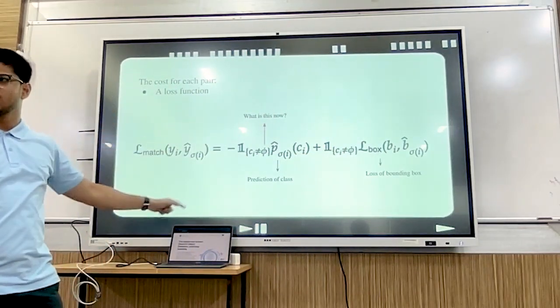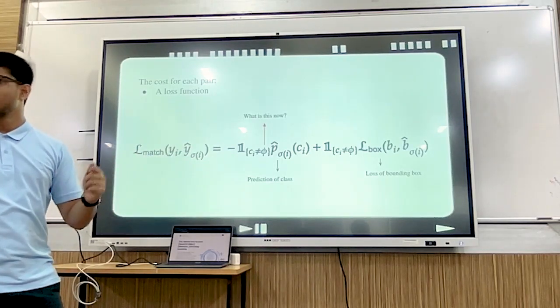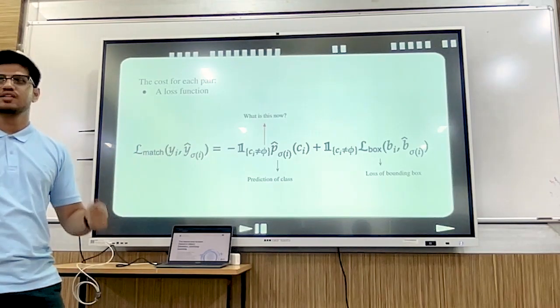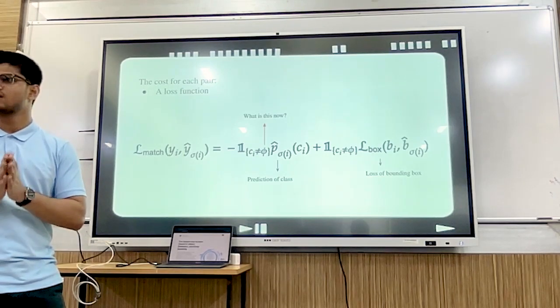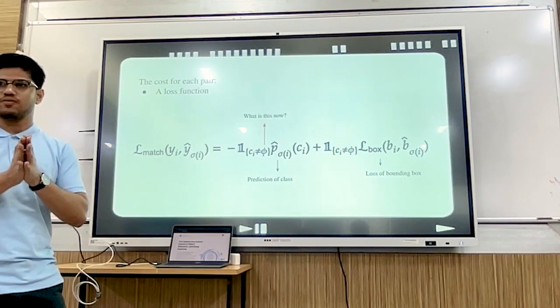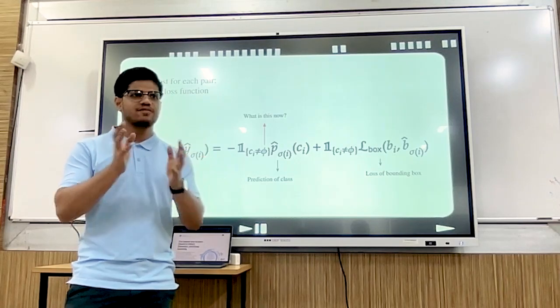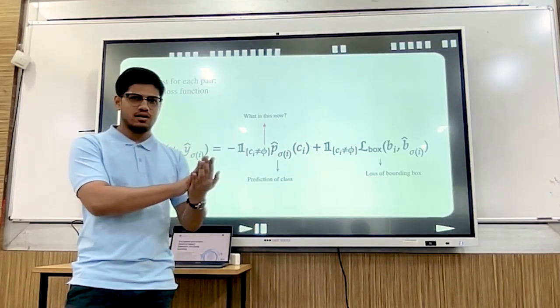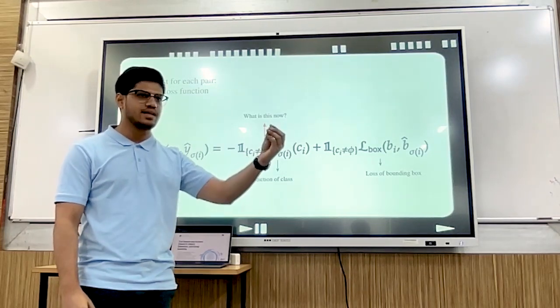Why does it need to be 0? Because it's a wrong prediction. It is no object. The bounding box that has been predicted is wrong. So the loss function is 0, and if 0 is fed back, that does not tell anything to the model.